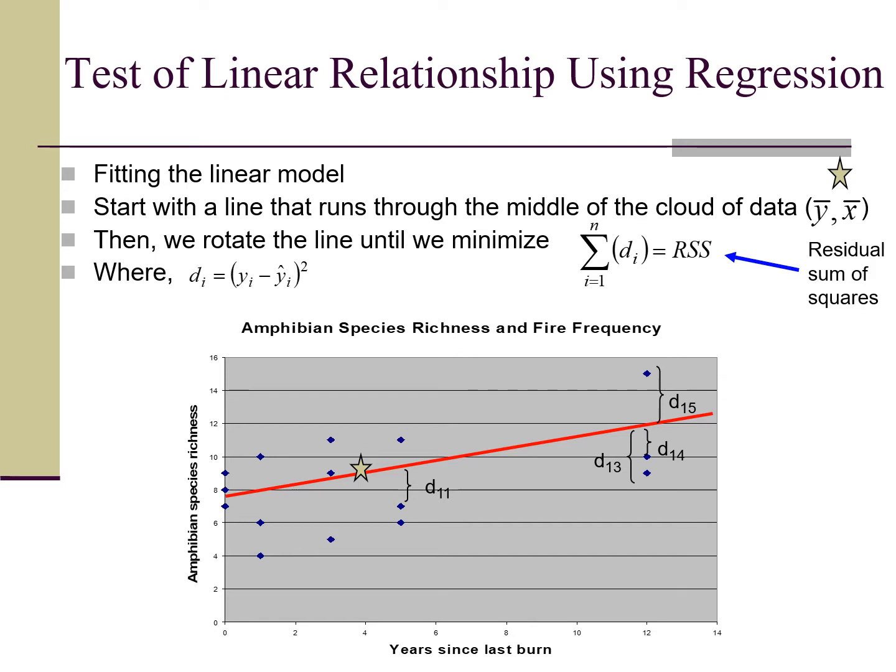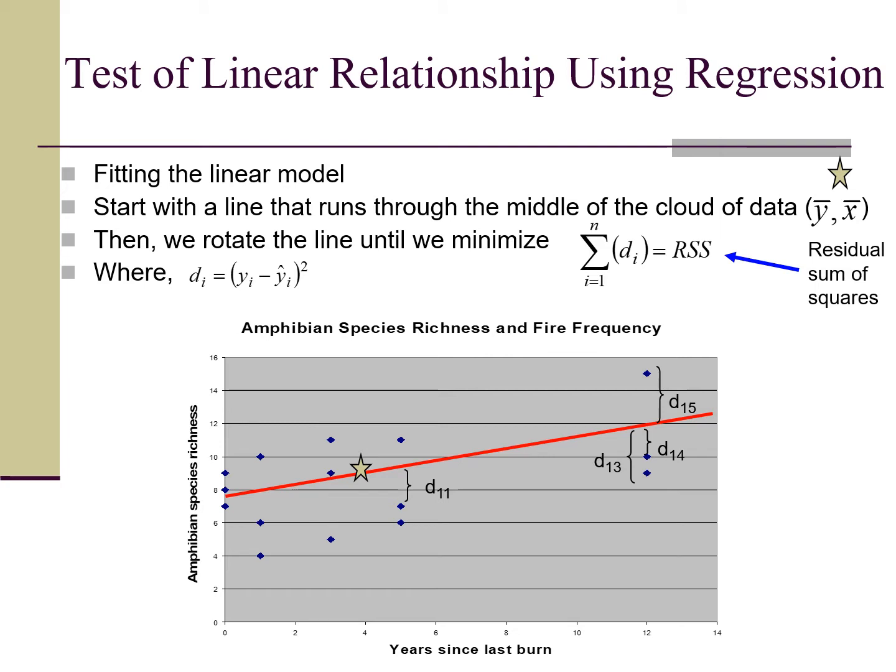And then we're going to rotate that line until we minimize the residual sum of squares, denoted here as d sub i, where d sub i is equal to the difference between y i, the observation, minus the estimated y for that particular observation, squared. So y i minus y hat i is the residual for that particular point, squared, and then you sum that up. That's the residual sum of squares.